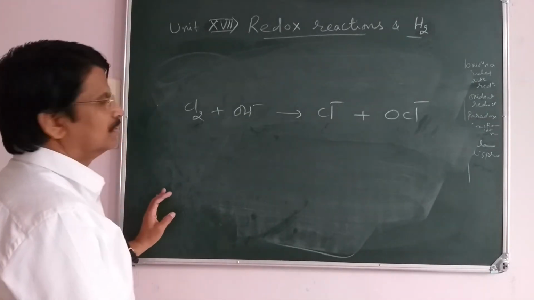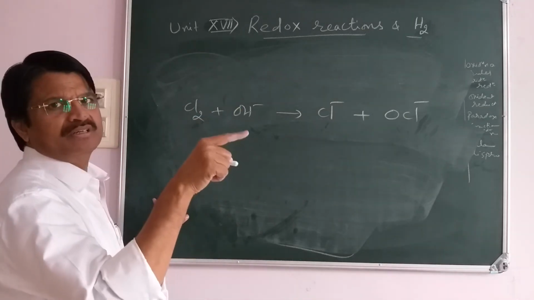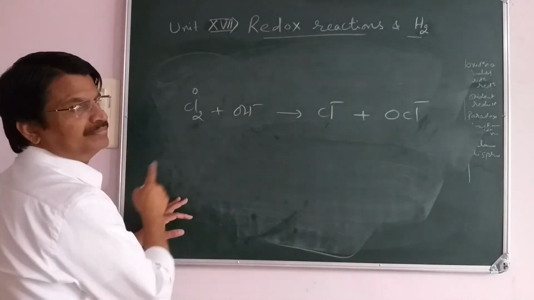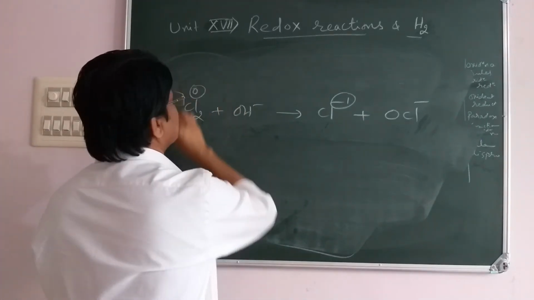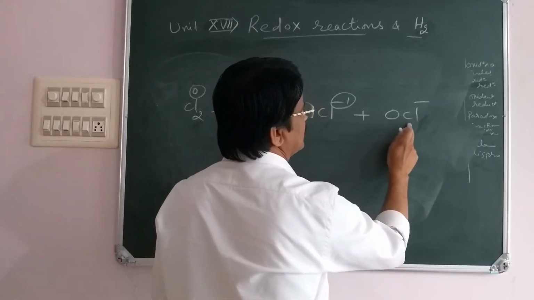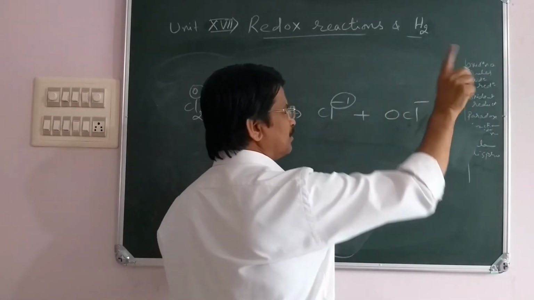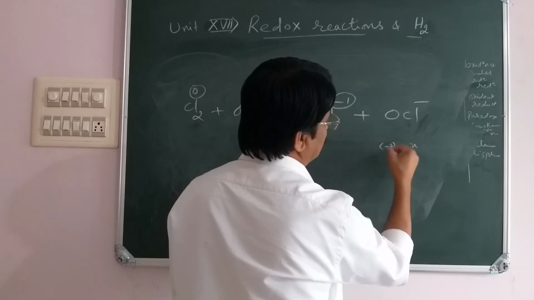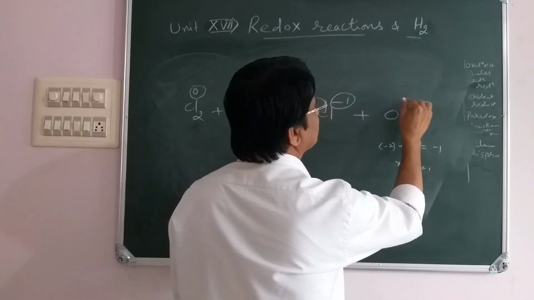Now, mention the oxidation number of the element which undergoes change. Therefore, 0 for chlorine, minus 1 for chloride, and for OCl minus, the oxidation number of Cl is x plus of minus 2 equal to minus 1, x equal to plus 1.